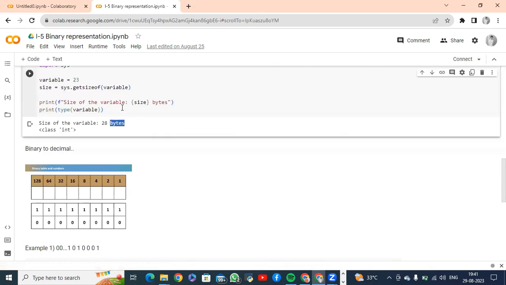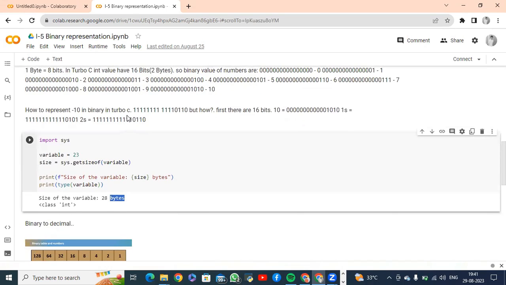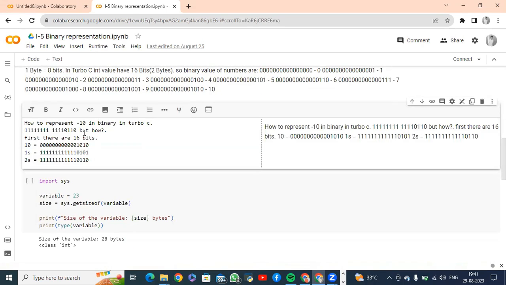Now, see here how to represent -10 in binary in Turbo C. See here, there are 1, 1, 1 continuously and 0, 1, 1, 0. But how do we convert -10 into this binary value?